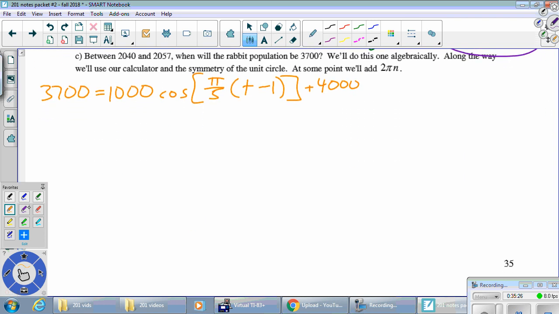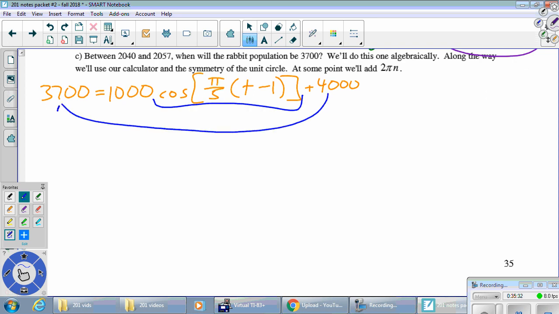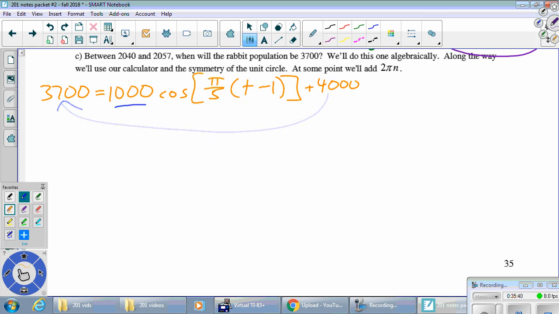Okay, so again, isolate the cosine piece. So this is the part that I need to get by itself. So we're going to subtract the 4,000 and then divide by the 1,000. I'll do 2 steps in one there. So when we subtract 4,000, we get negative 300 divided by 1,000 is negative 0.3 equals the cosine piece.